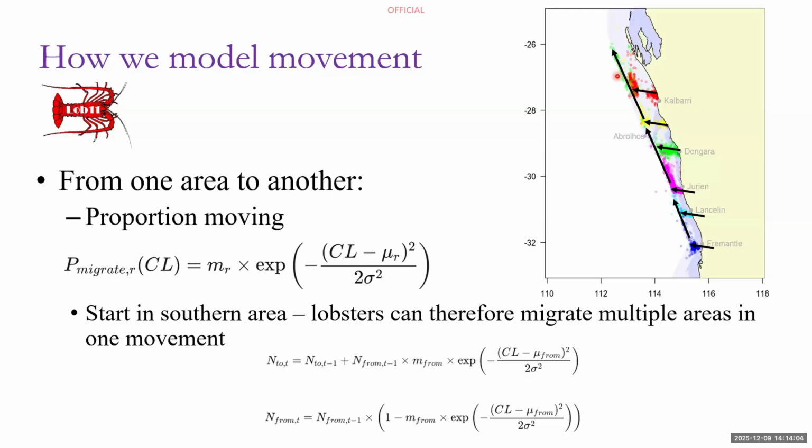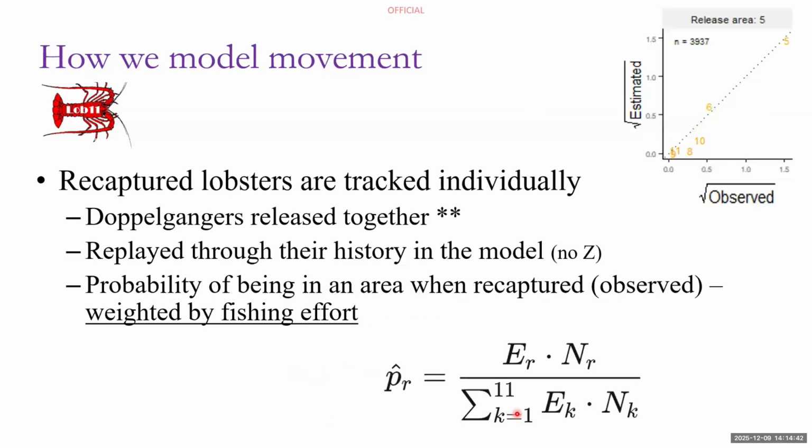So it was important for us to roll the migration in a certain order, and it's relatively simple. We're fitting a normal distribution to the proportion moving from each area to its adjacent area, and then the numbers of that sex and size in that area are jumped from one area to another and removed from their previous area.